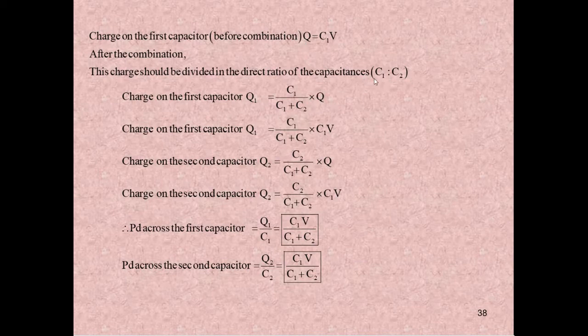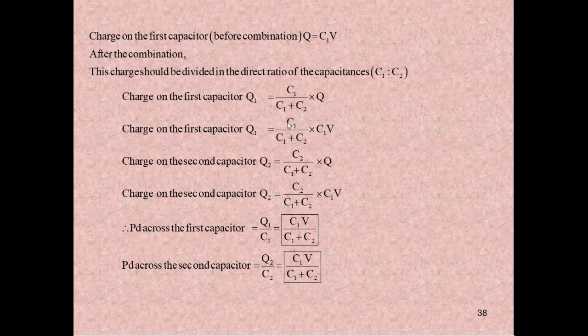We have done a problem on that. For Q, we can put C1V. Therefore, charge on the first capacitor is C1 square V by C1 plus C2.